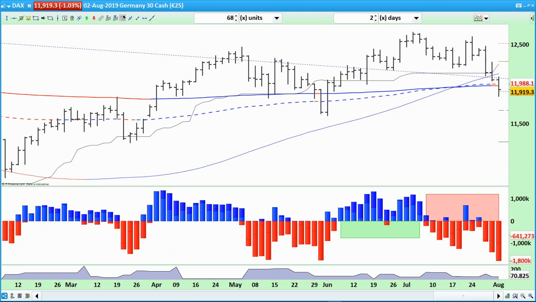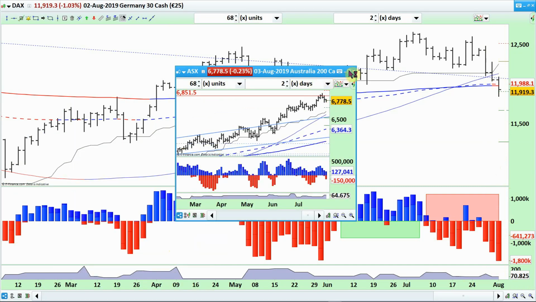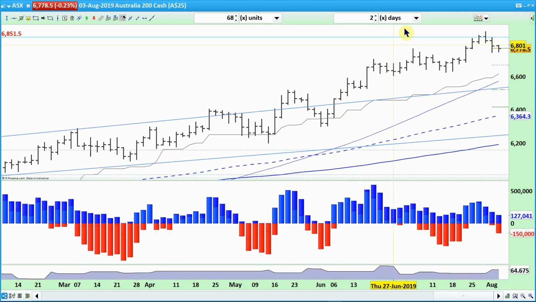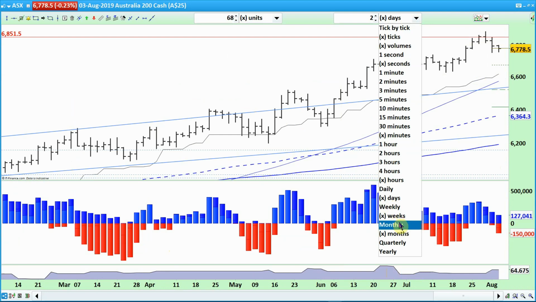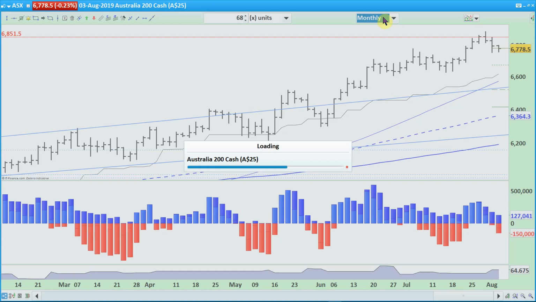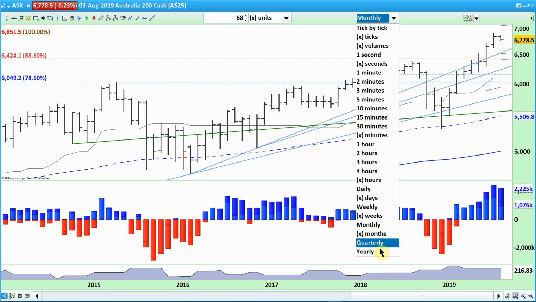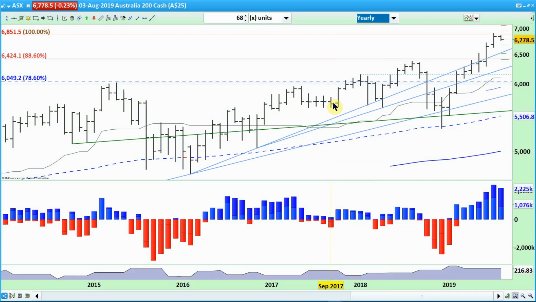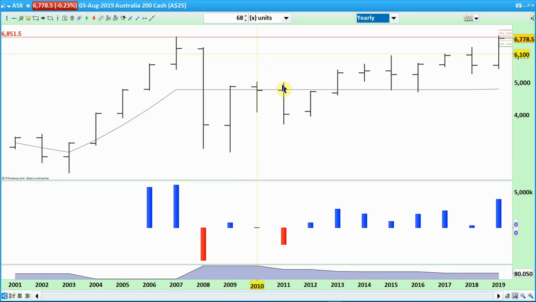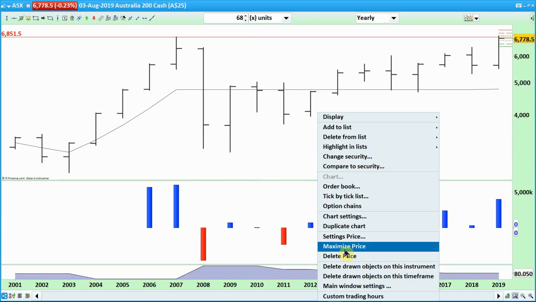If we quickly go to our own index, which is ASX, and then see the monthly chart, or actually do the yearly chart. Maximize price.